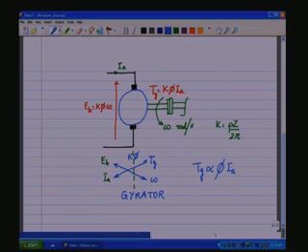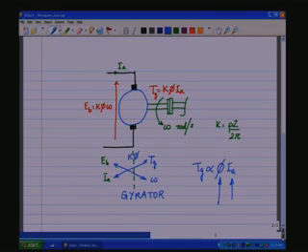So, if we vary IA, the armature current, the generated torque is going to change, and for a given load, if the generated torque changes, the speed is also going to change. So, one could control the speed by changing IA, or by changing the generated torque by controlling the excitation.